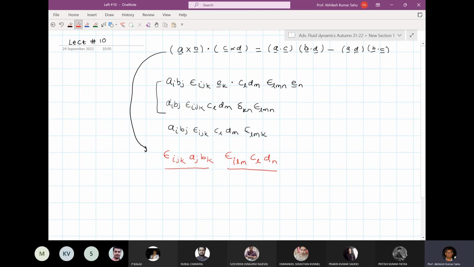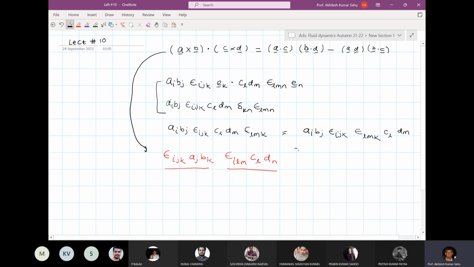So a dot b is what? A_i b_i, so there is a repetition of index. Similarly, epsilon_ijk A_j B_k epsilon_ilm C_l D_n. So this is what? A_i B_j epsilon_ijk, and then it's epsilon_lmk C_l D_m.